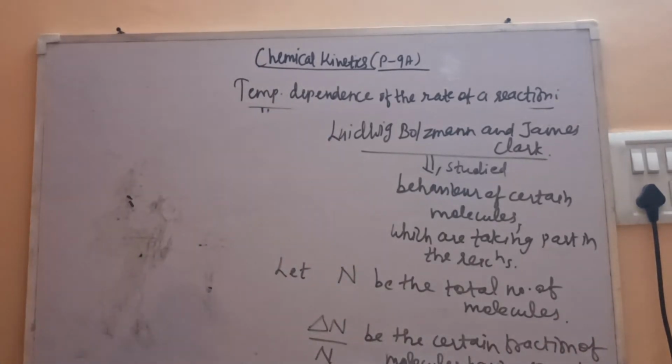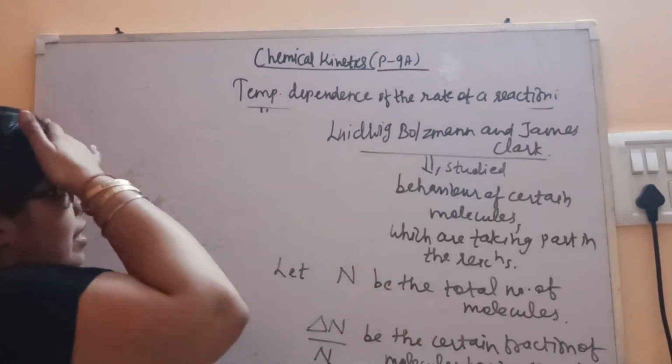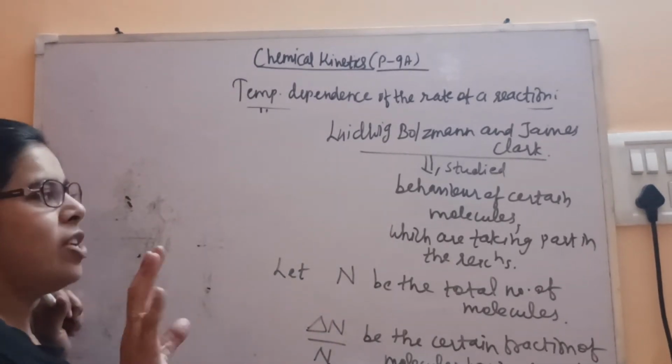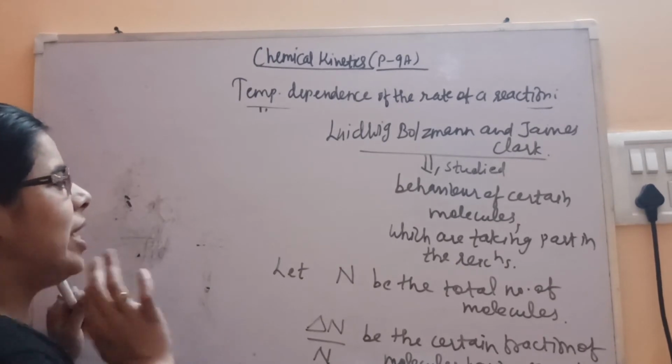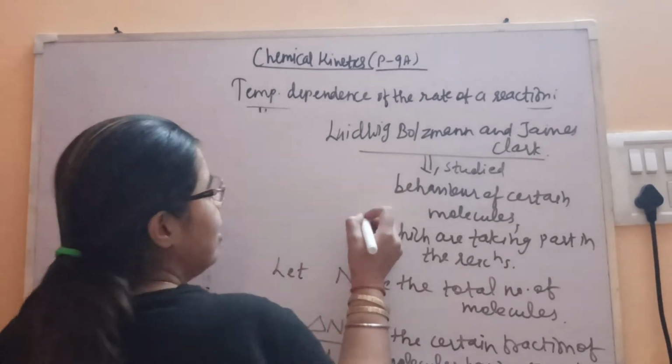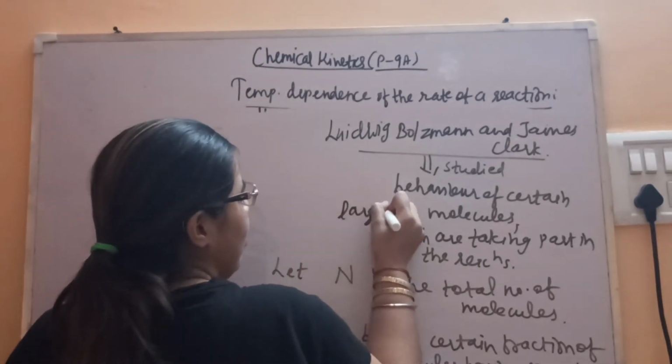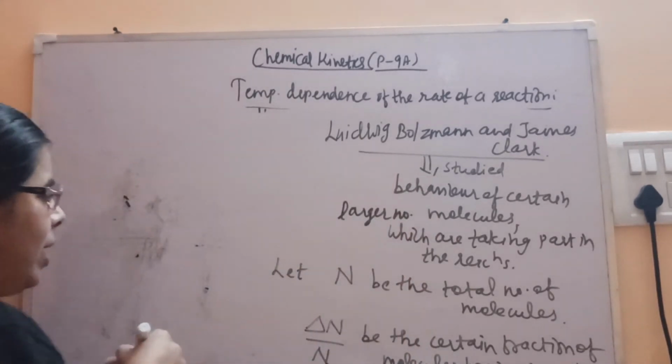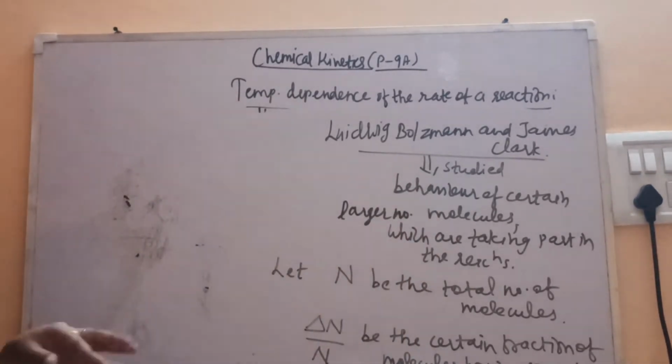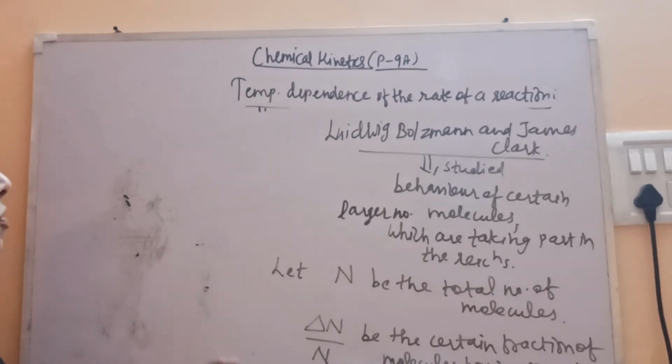Fine, because as we are saying, all the molecules are moving with a different kinetic energy. So they have studied the behavior of a large number of molecules which are taking part in the reaction. Fine. So just let N be the total number of molecules which are taking part in the reaction, and out of that total, let delta N by N be the certain fraction of molecules having same kinetic energy.